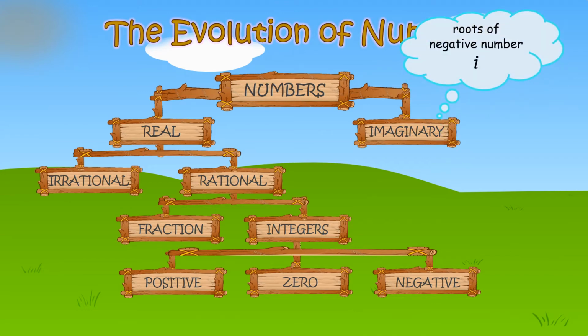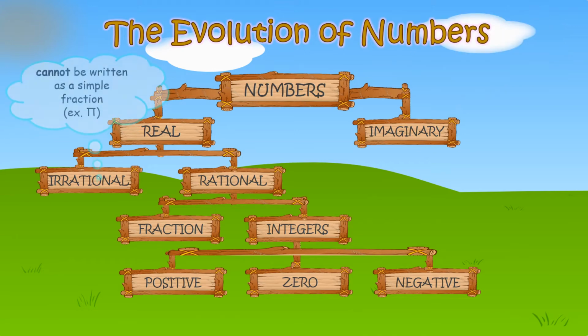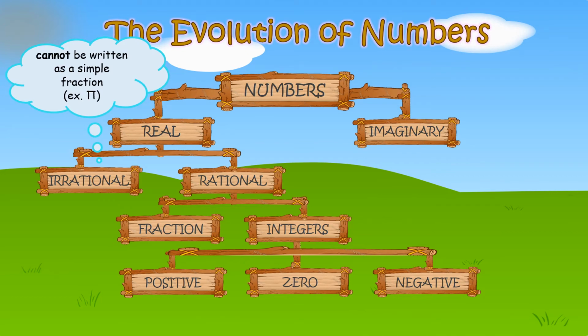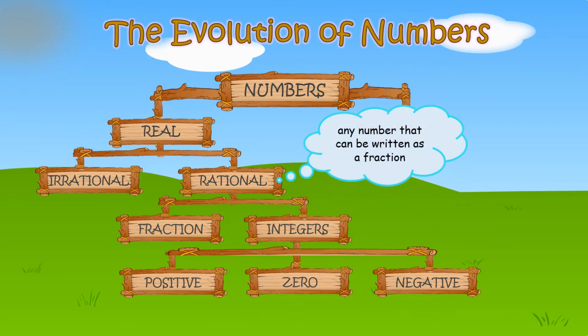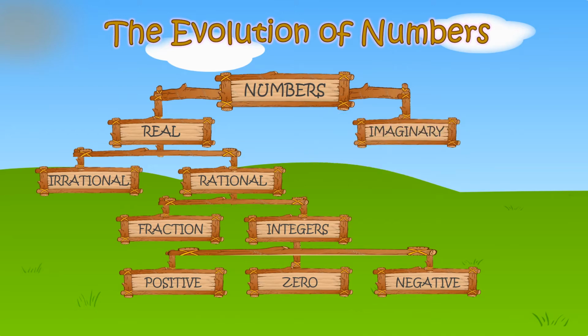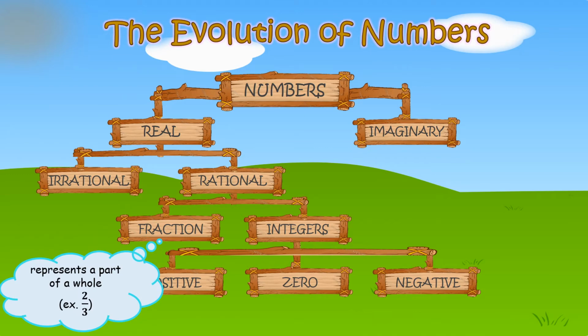Imaginary numbers are roots of negative number, while real numbers have two types, the irrational and the rational. Irrational numbers cannot be written as a simple fraction, while rational numbers are any numbers that can be written as a fraction. Under the rational, we have the fraction and the integers. Fraction represents a part of a whole, while integers have the positive, zero, and negative numbers.